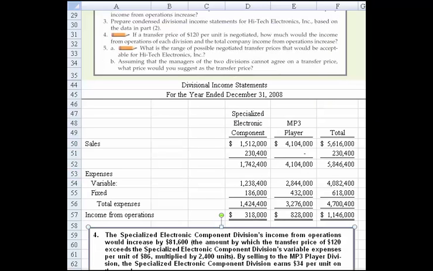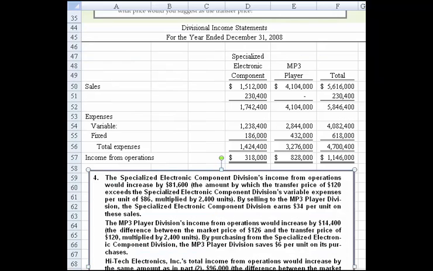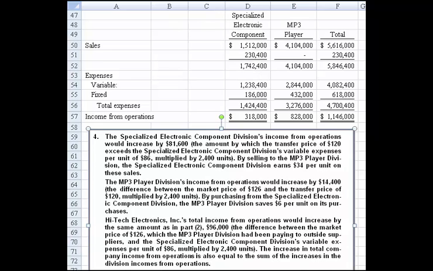Okay, next we take a look at question 4, which says, if a transfer price of $120 per unit is negotiated, how much would the income from operations of each division and the total company income from operations increase? Now, in the interest of saving time, I'm not going to work this one, but I will show you the solution to this one, and I'll read that for you. Keep in mind how this works.